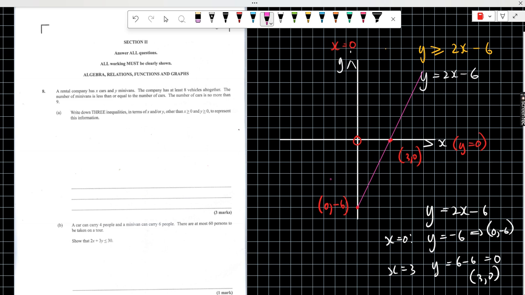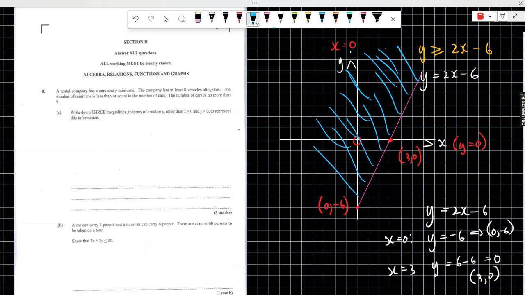You understand? And because it's or equal to, I use a solid line. So I must now shade the region that is on or above the line. We're talking about this region here. So that region is above the line y equals 2x minus 6, and therefore represents my inequality. Okay?